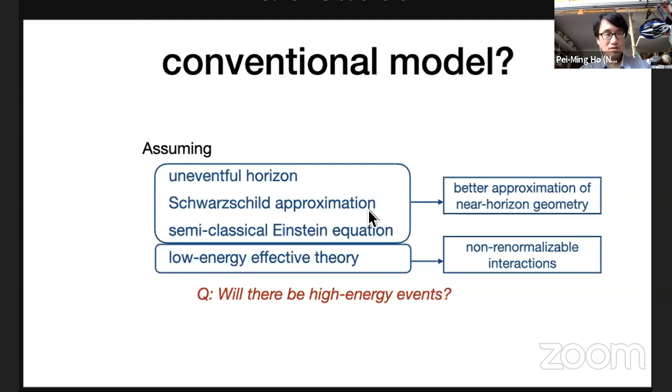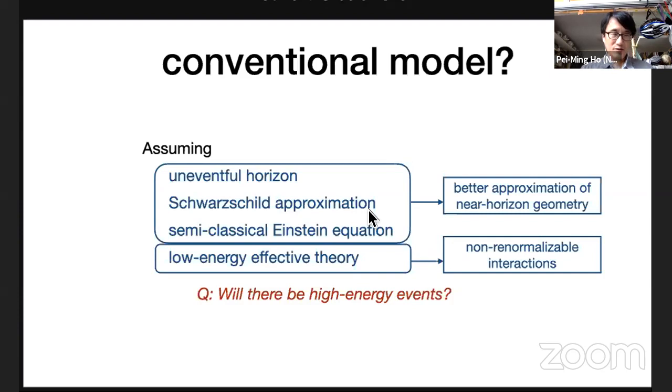In order to do that, we first have to find a better approximation of the near horizon geometry, because earlier we had this Schwarzschild approximation showing that it's consistent. But if we are questioning the validity of that, we hope to do something better. This is through a series of works I did with Yoshinori Matsuo-san and Yuki Yokokura-san.